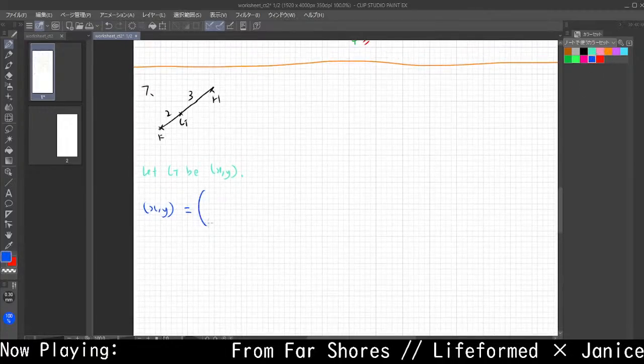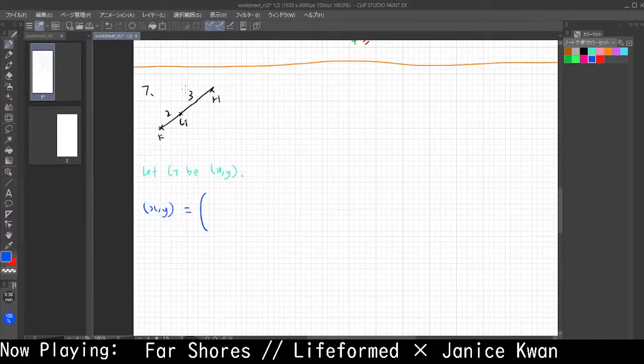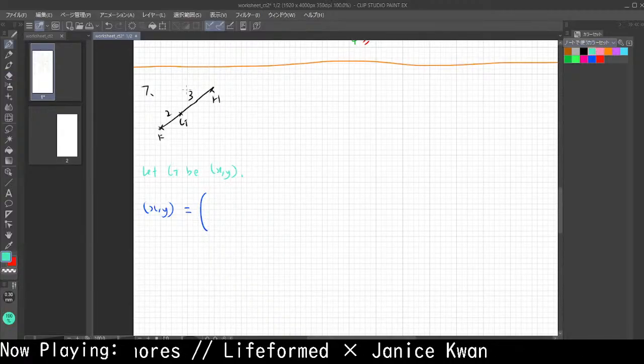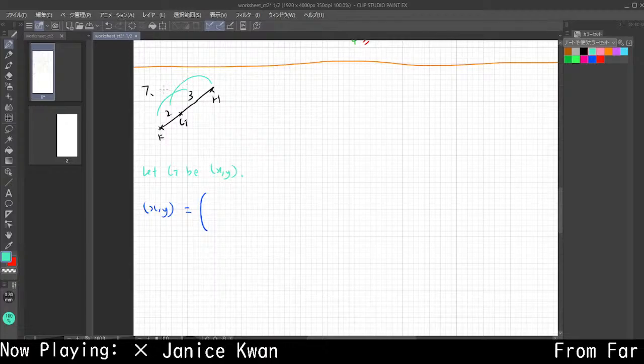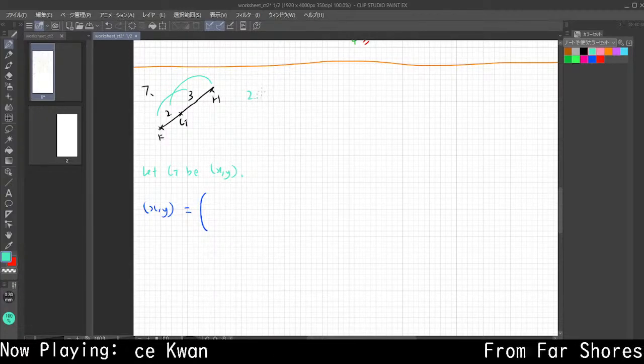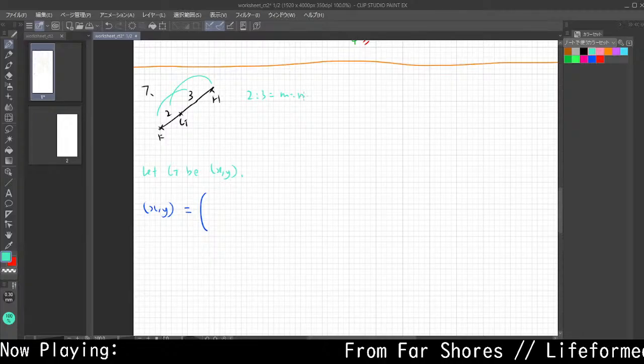Okay, x equals n times x1, so 3 multiplying with F, and your 2, which is your m, multiplies with your H. So 2 to 3 is basically your m to n. If you follow the formula, please do crisscross.